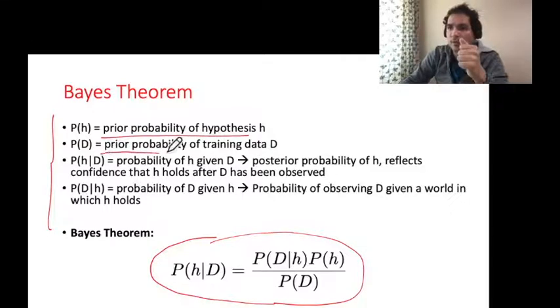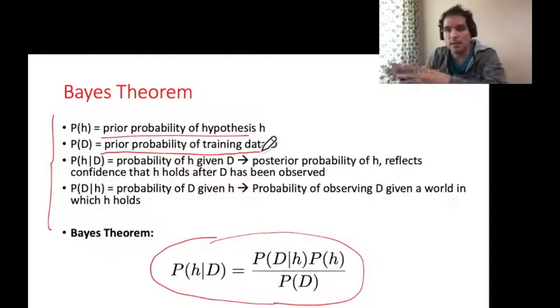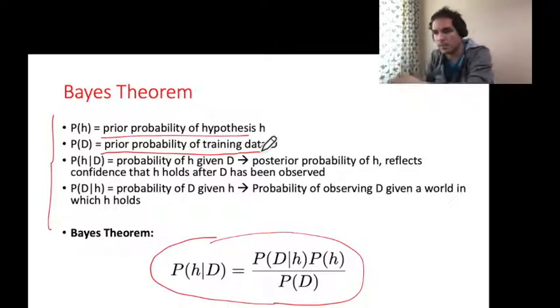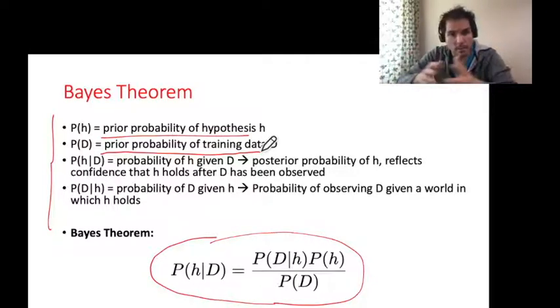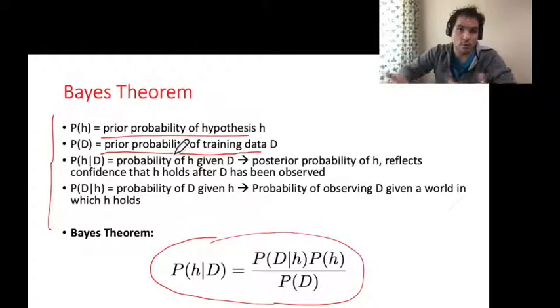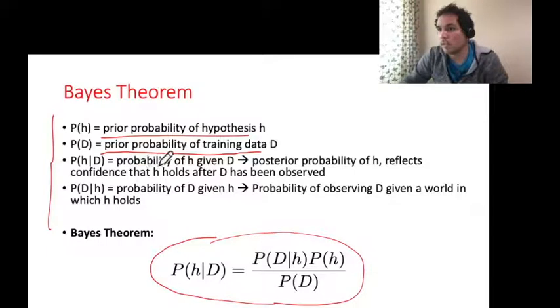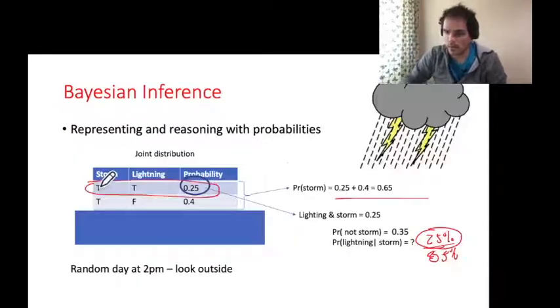Now we have the prior probability of the training data, because what we're going to be seeing is that we are going to be computing the probabilities for the training data in both outcomes, or as many categories as we have, and then the idea is that we're going to be selecting the one with the highest probability. We're going to be selecting the probability of H given D, which is the conditional probability, and the opposite, the probability of D given that we know H.